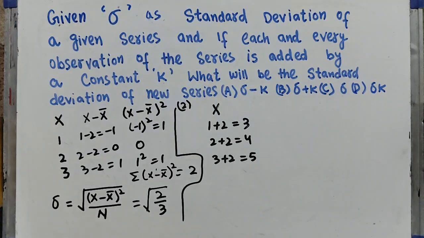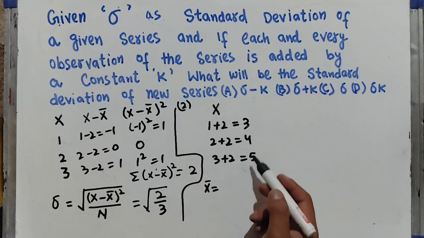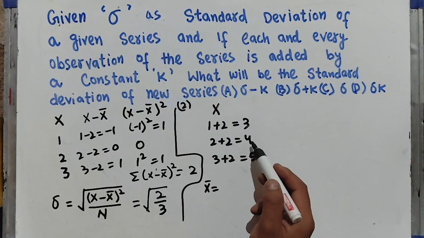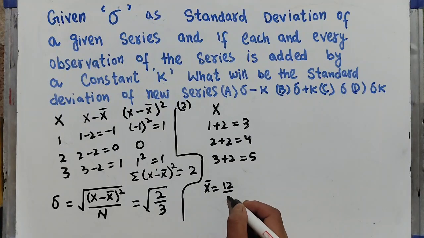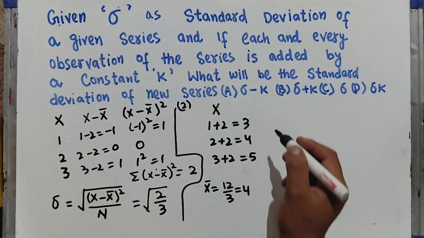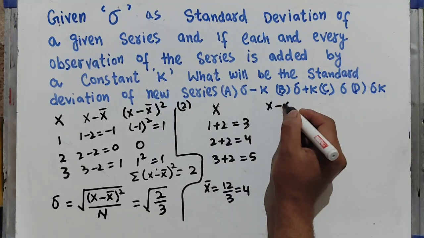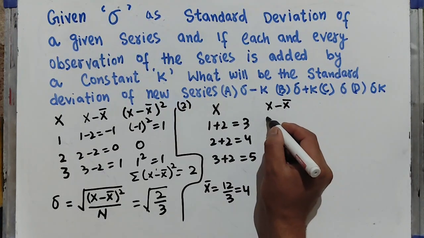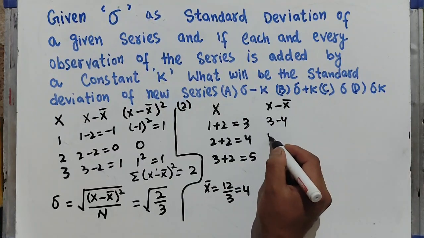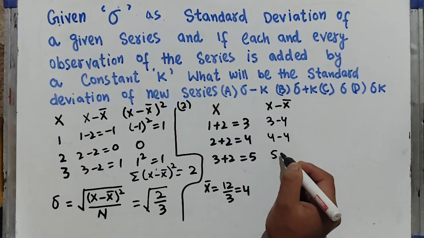Now let us find the mean of x first. The mean of x will be the sum of the observations, which is 3 plus 4, 4 plus 3 is 7, plus 5 is 12, upon the total number of observations, 3. So we get mean is 4. Now we need to find x minus the mean of x. So subtract the mean from each observation: 3 minus 4, 4 minus 4 and 5 minus 4.